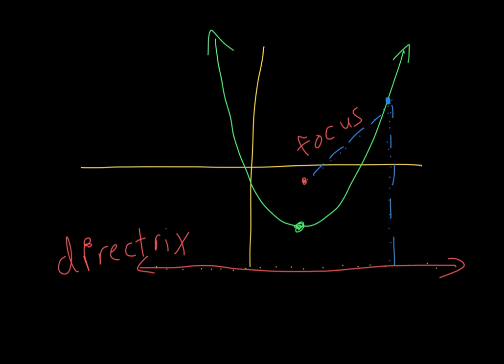But in terms of how a parabola is defined, a parabola is defined as the set of points that are the same distance from the focus as they are from the directrix. So this point, the vertex, this distance here is the same as this distance there.